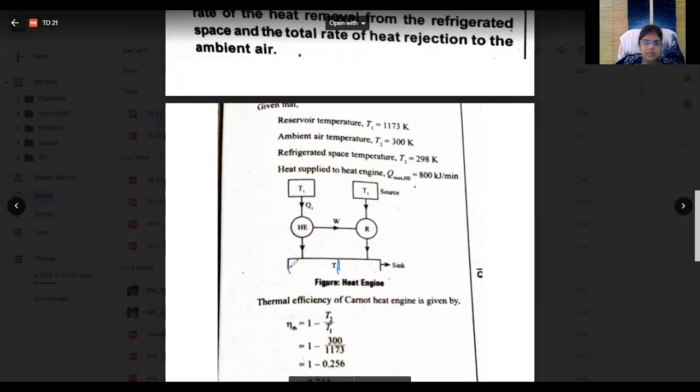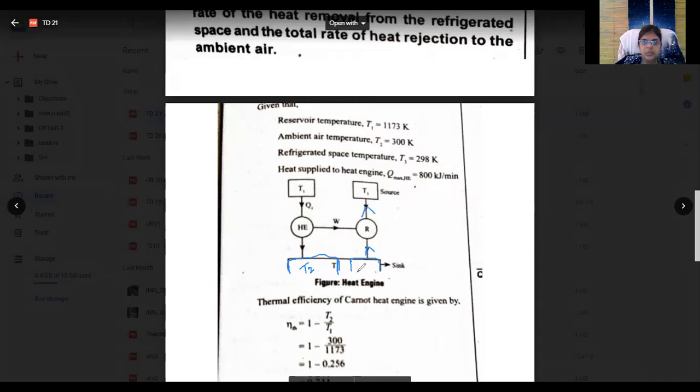I will mark that, and we can understand it very easily. So here T1 and this is T2. This is T1 and T2, and we will mark that upside.